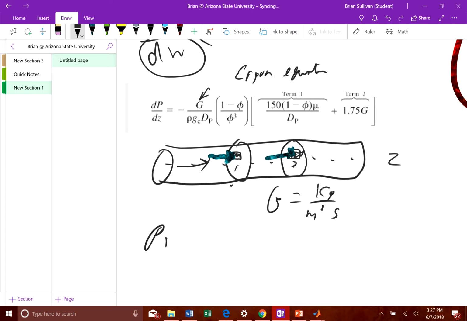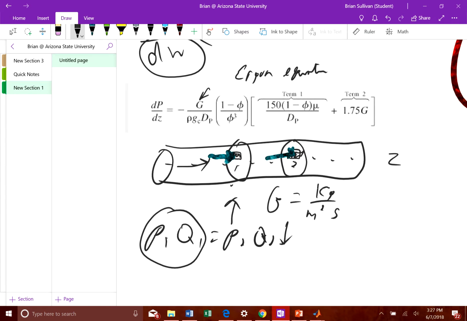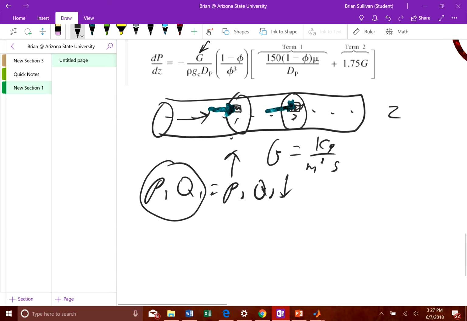In the mass balance, the density times the volumetric flow, ρ1 Q1, both are different than ρ2 Q2, but together they're the same because you have a conservation of mass. So if your density got higher, your volume would go down to compensate and make it equal. The mass going through those two squares is the same. So G is constant.